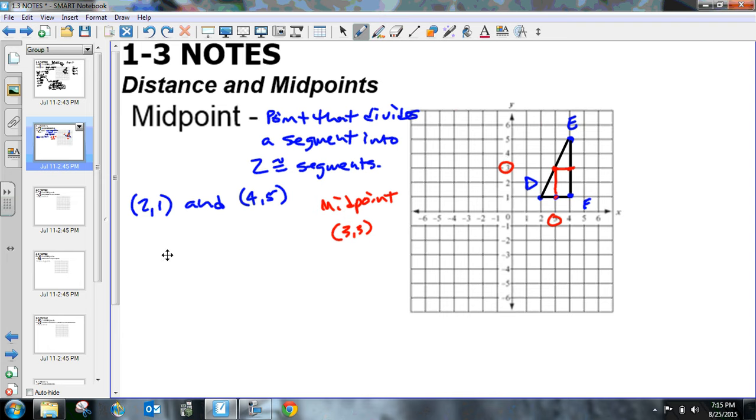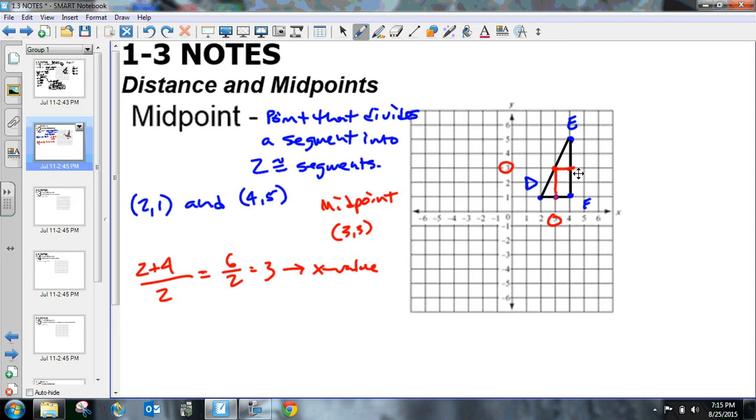So if I took 2 plus 4, taking my two x values and dividing them by 2, I would get 6 over 2, which is equal to 3. And that's my x value, the x value of this point, 3, 3.